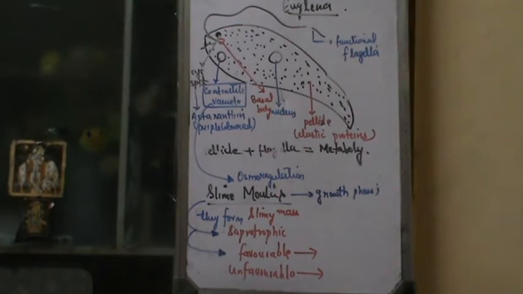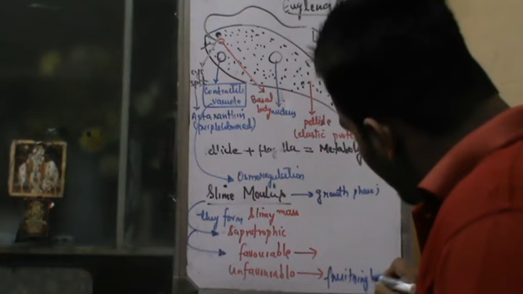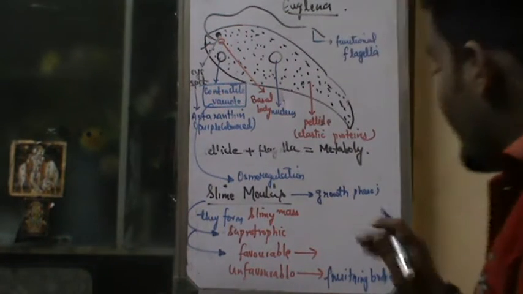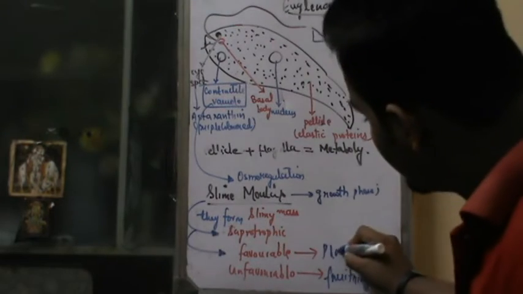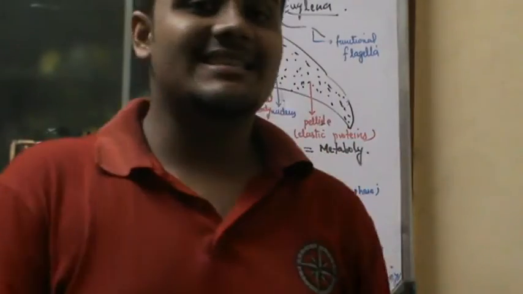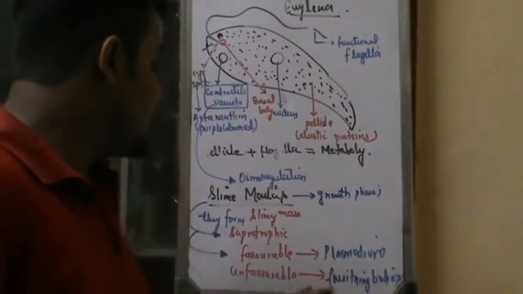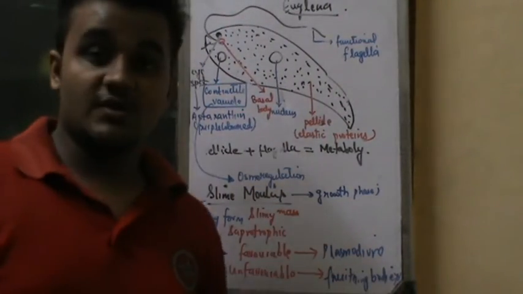In unfavorable condition, it is going to form fruiting bodies. And in favorable condition, it forms a structure called plasmodium. It's an NCERT line, exemplar, NEET 2017, these questions have come. Favorable is plasmodium, unfavorable is fruiting body.